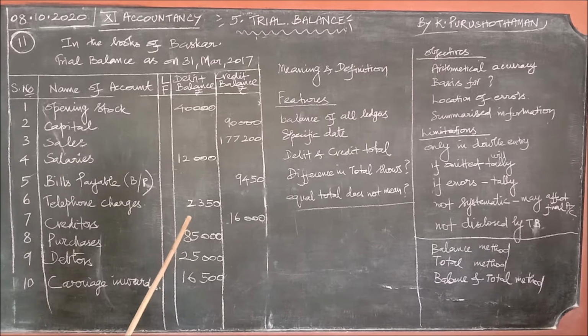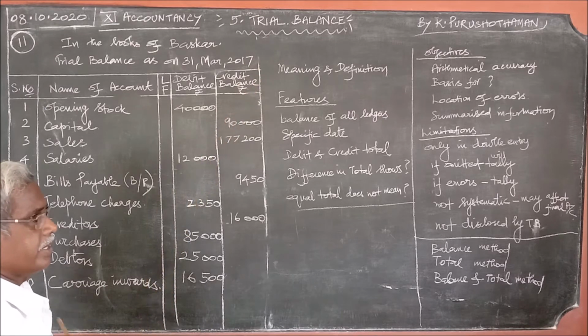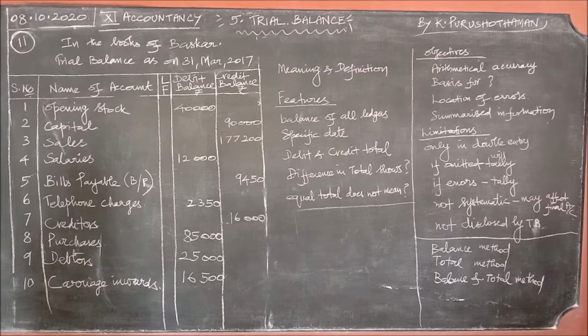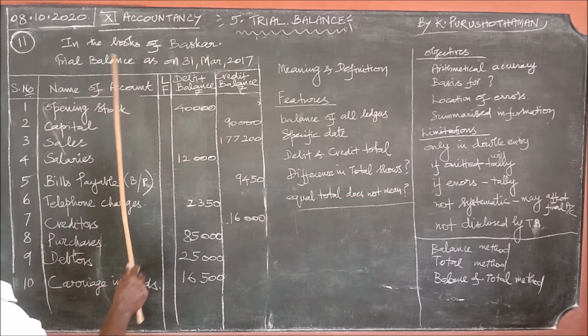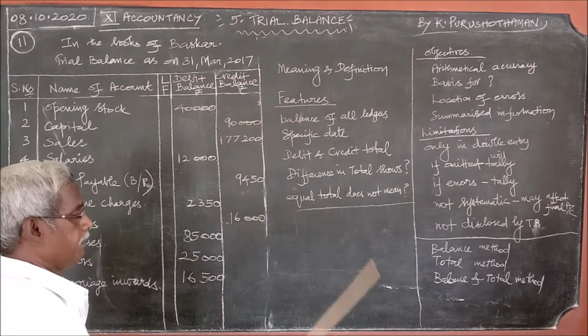If brought down is on the credit, we will write the amount on the credit. Therefore, trial balance is a statement showing the different balances of ledger accounts. Therefore, it is called trial balance. Okay, that is the meaning of that.